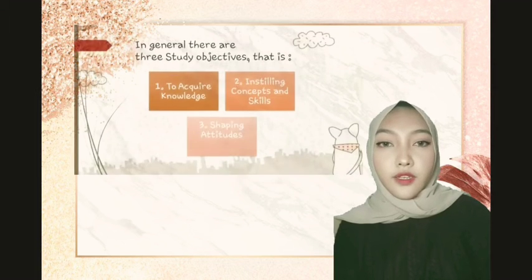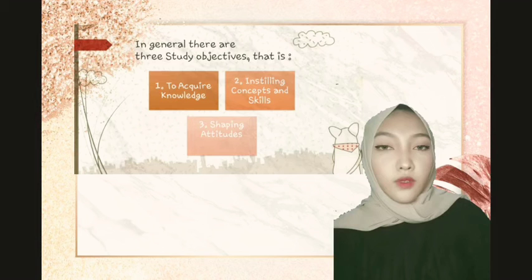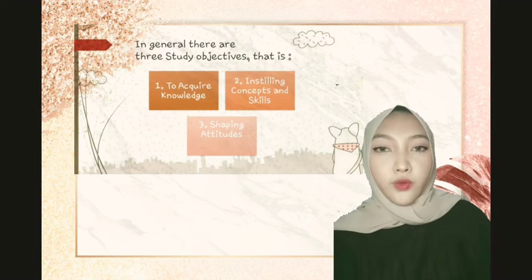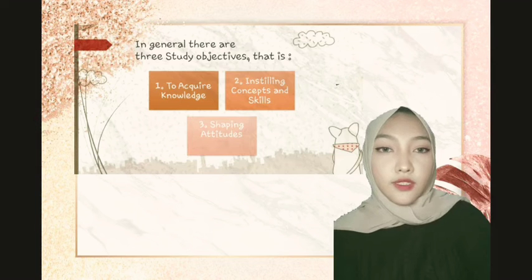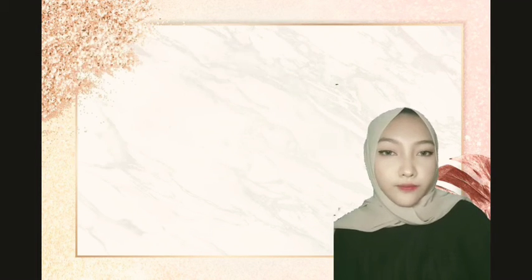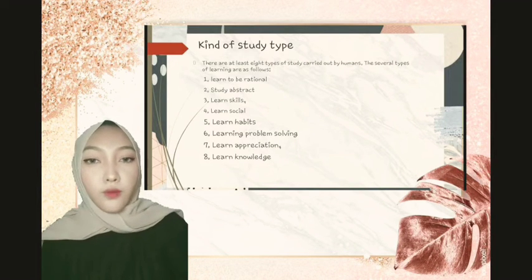In general, there are 3 study objectives: 1. To acquire knowledge, 2. Instilling concepts and skills, and 3. Shaping attitude. There are at least 8 types of study carried out by humans. The several types of learning are as follows. 1.